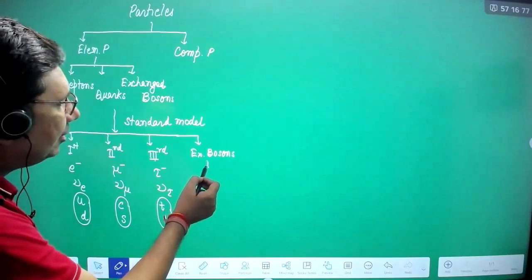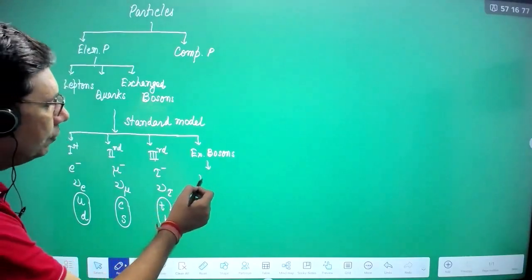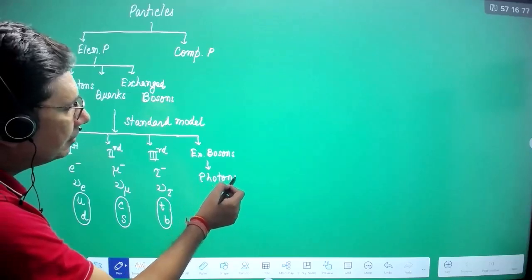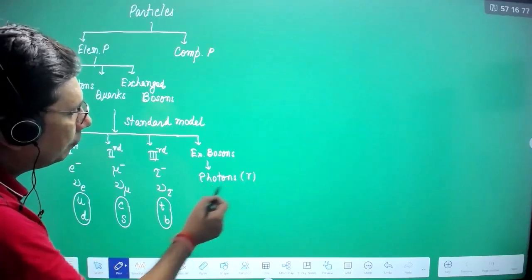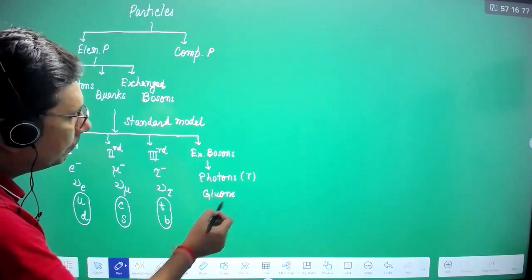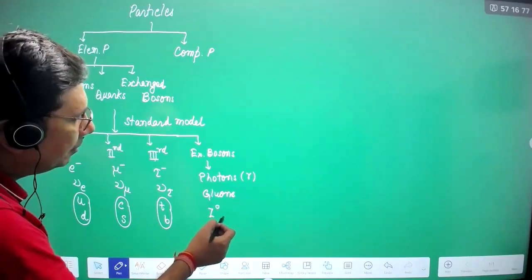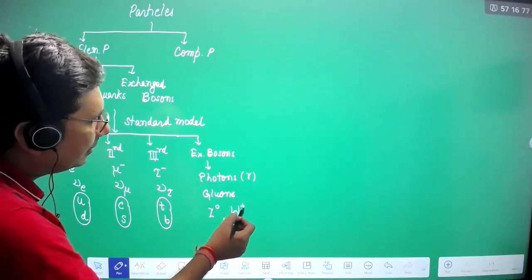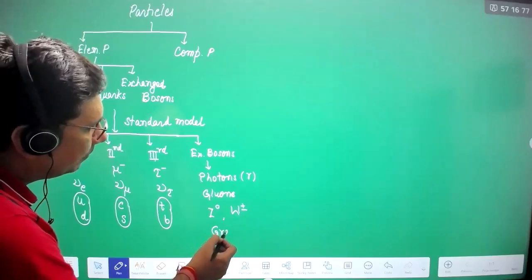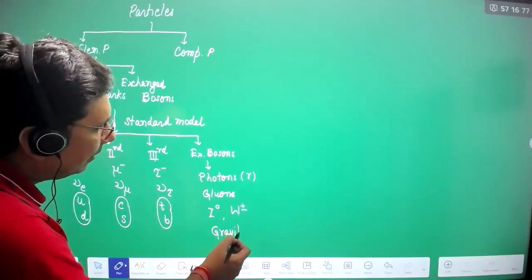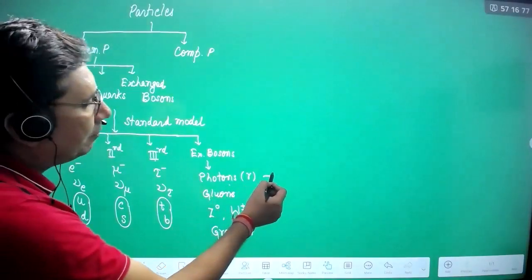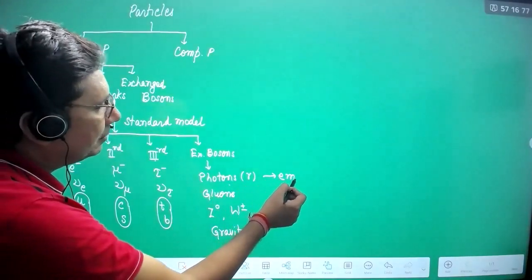And in these exchange bosons, you have photons, gamma. You have gluons, Z naught, W plus minus, and then there is the graviton. Photons are the exchange particle for EM interaction.